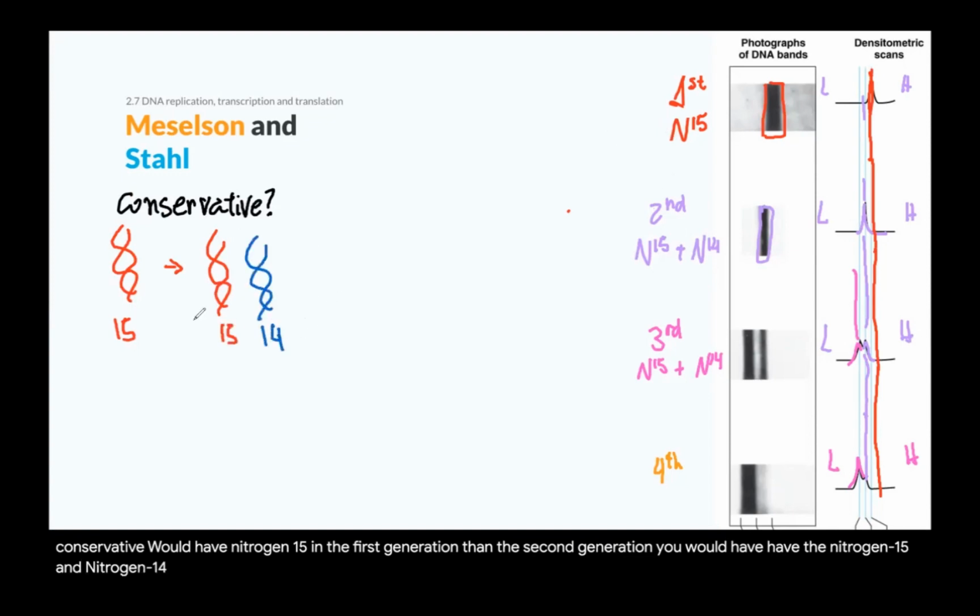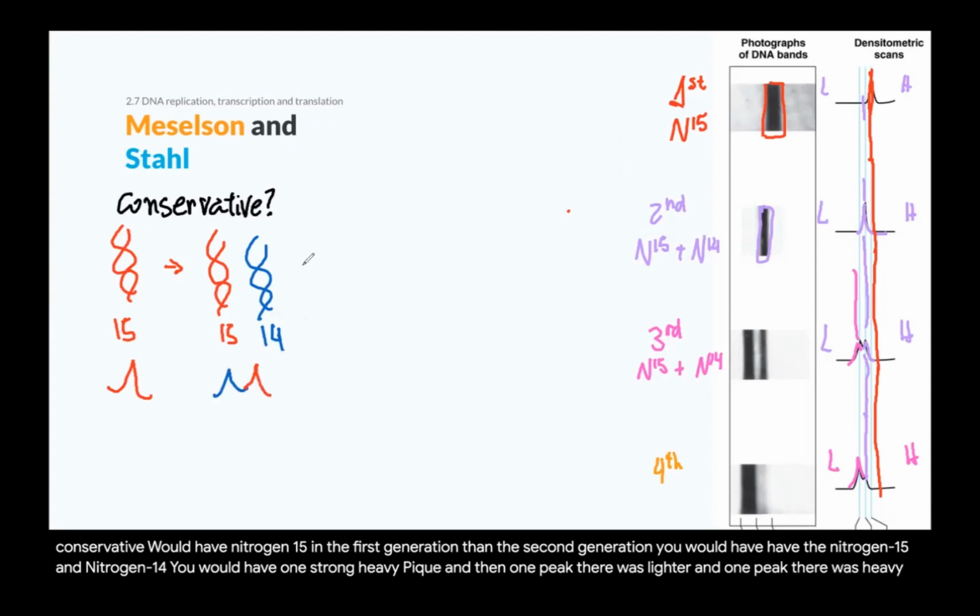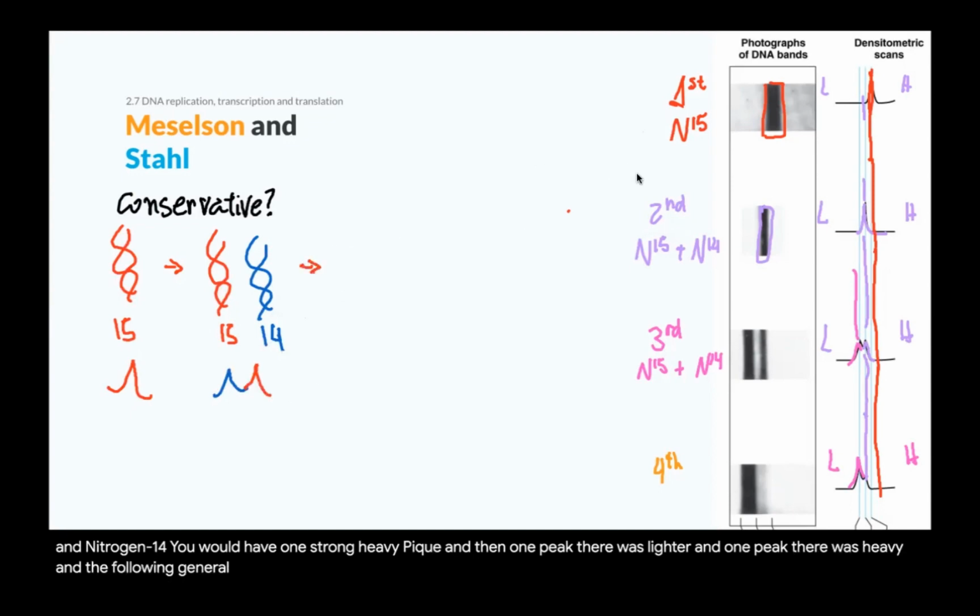So you would have one strong heavy peak and then one peak that was lighter. And the following generation, you would still have the old one, the new one made from this.